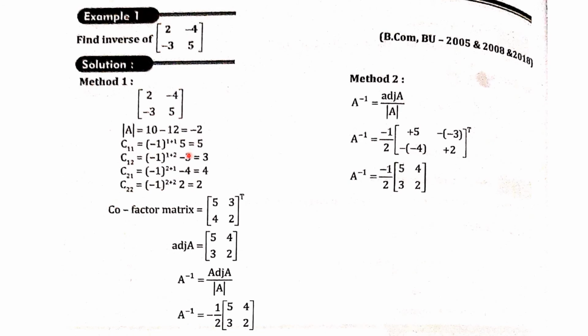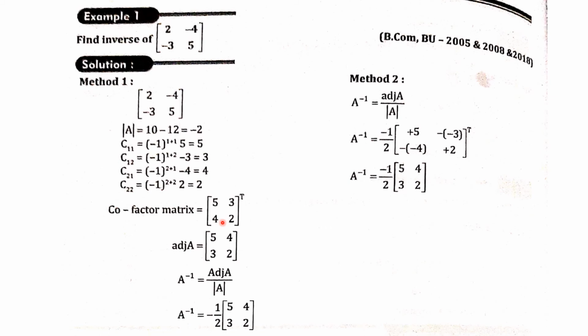For minus 4, minus 3 is the minor and the symbol is minus, so minus into minus will become plus 3. For minus 3, minus 4 is the minor, into the minus symbol, so minus into minus will become plus 4. And for 5 you have the value 2. What is the symbol? Plus is the symbol, because plus minus minus plus, so plus 2 remains plus 2 in the final thing. So the overall cofactor matrix is 5, 3, 4 and 2.